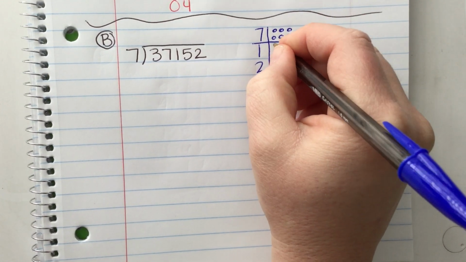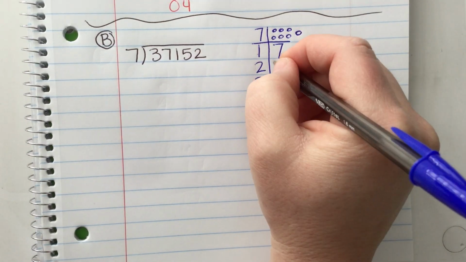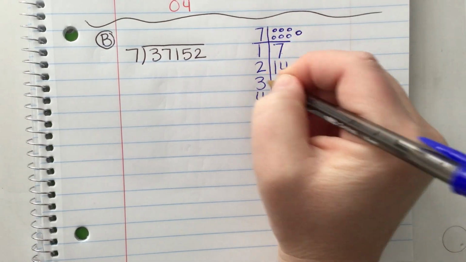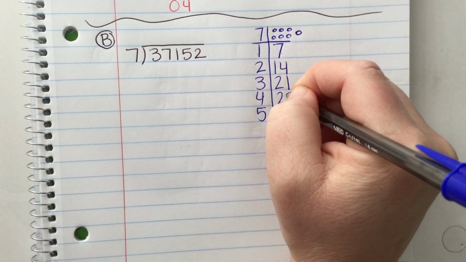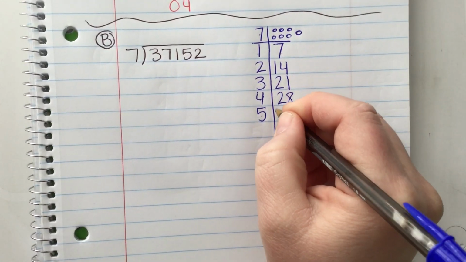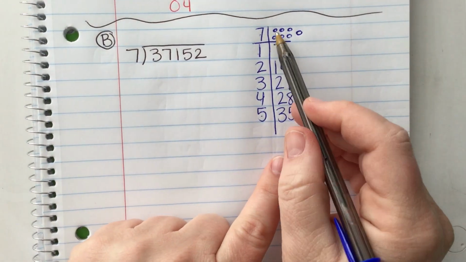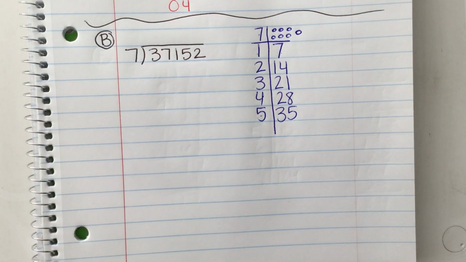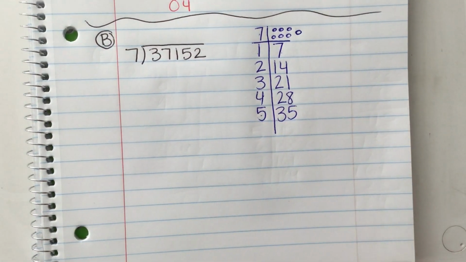So counting by 7: 7 times 1 is 7. 7 times 2 is 14. 7 times 3 is 21. 7 times 4 is 28. And 7 times 5 is 35. If I didn't know my multiples, I could count the dots. You always want to find a strategy that works rather than just resorting to a multiplication chart. This is a good one because you're creating your own multiplication chart.